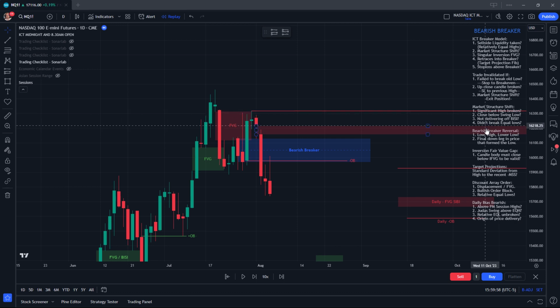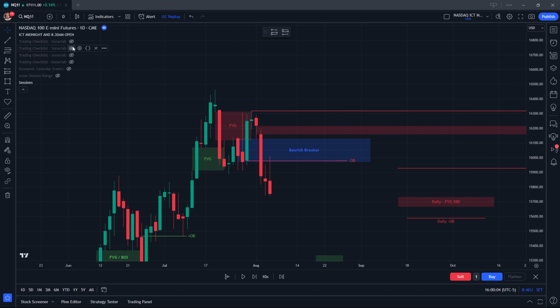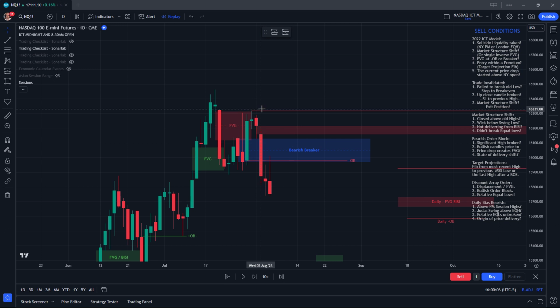Close, where is that? I have to look at the 2022 one, don't I? Significant high broken. That'd be here. Bullish candle here prior to a price drop.